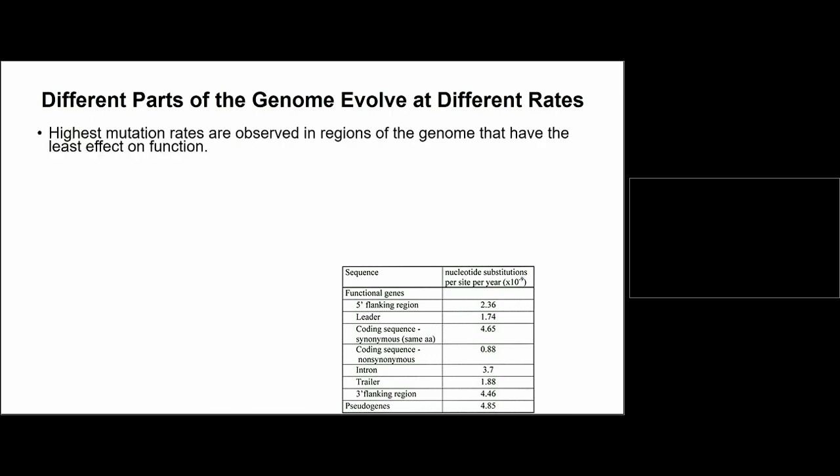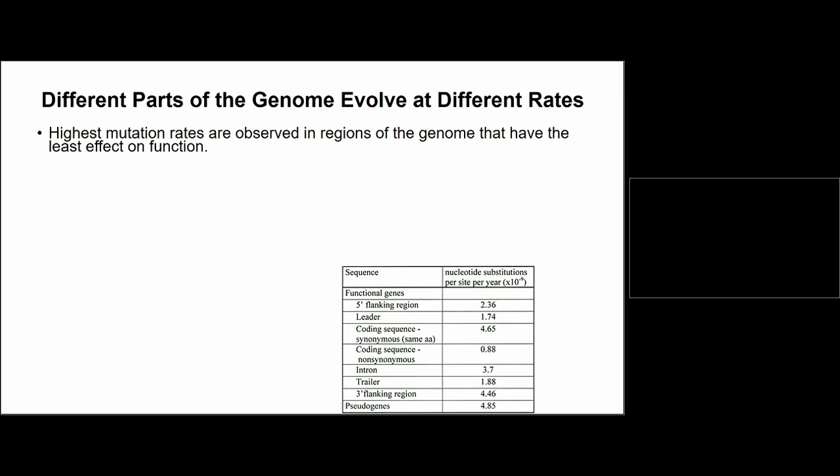The highest mutation rates in your genome are observed in the regions that have the least effect on gene function. What does that mean? Well, if you look at this chart here, what is the lowest number that you see in the chart? What kind of sequence is it in? The coding sequence. Coding sequences are sequences of DNA that code for proteins.